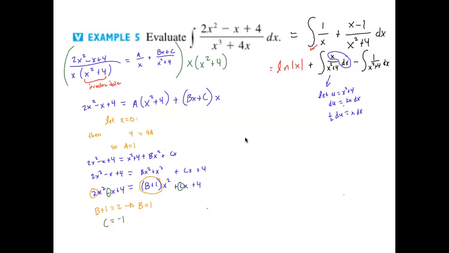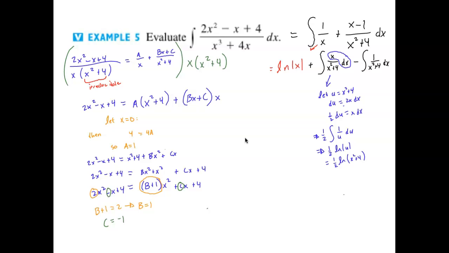So that integral becomes 1/2 integral of 1 over u du, which is then half natural log absolute value u, which is half natural log x squared plus 4. Now, technically, it's absolute value x squared plus 4, but because x squared plus 4 would always be positive no matter what the input is, we can drop the absolute value at that point, right?